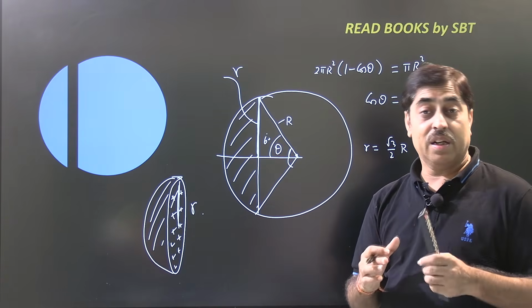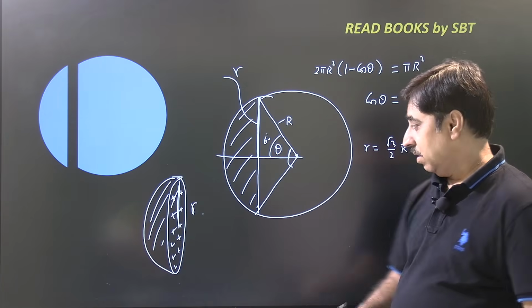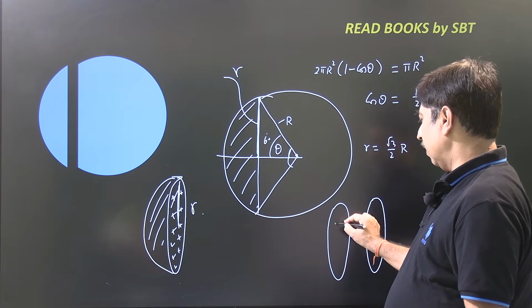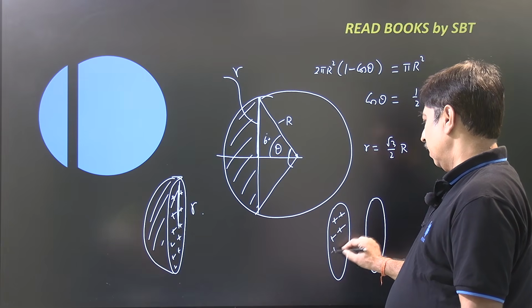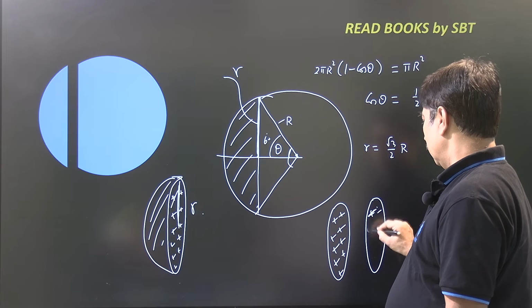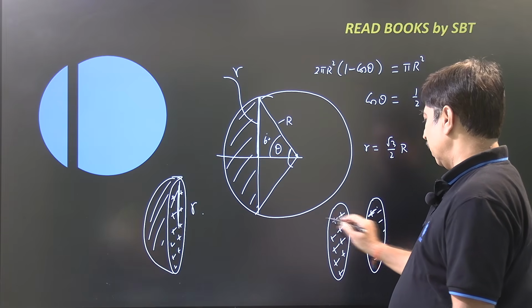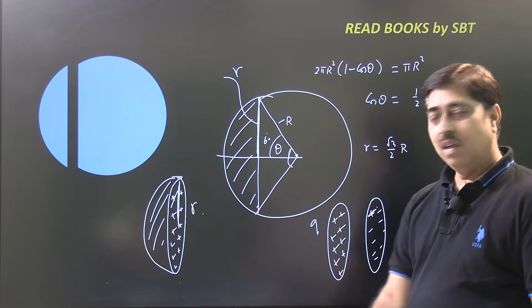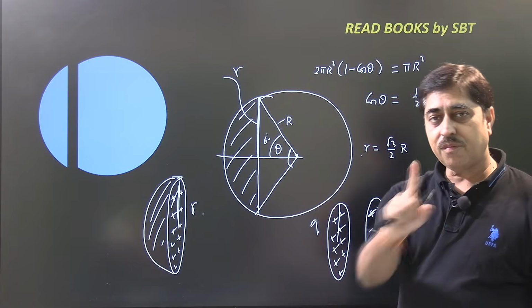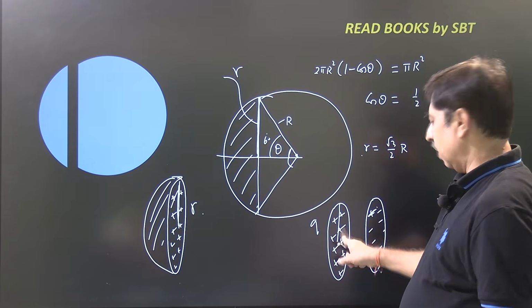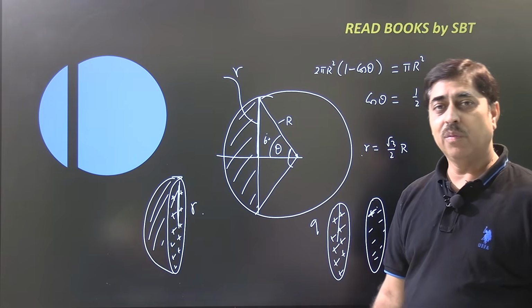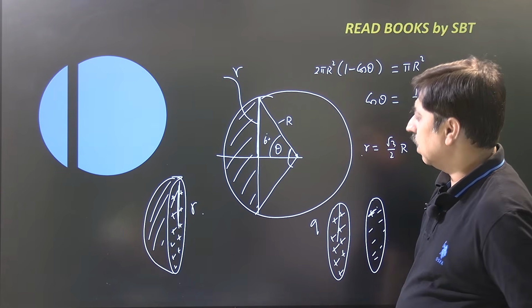If you are thinking that it is a capacitor, this capacitor has two circular plates with a very small separation between them, and the charge present here is known to you, small q, we have already calculated that. And the area of this circular plate is pi r square. Keeping this in mind, calculate how much force one circular plate of the capacitor will exert on the other circular plate.